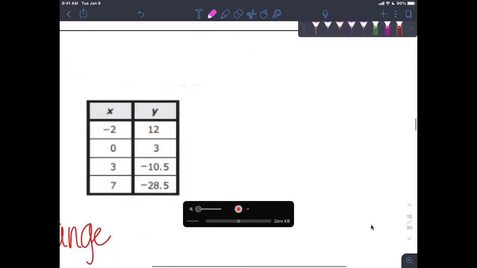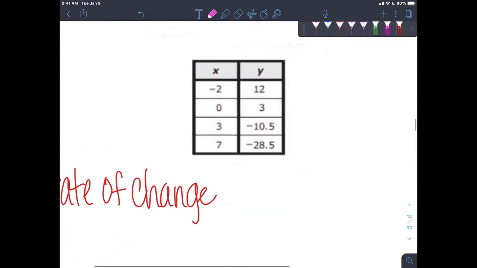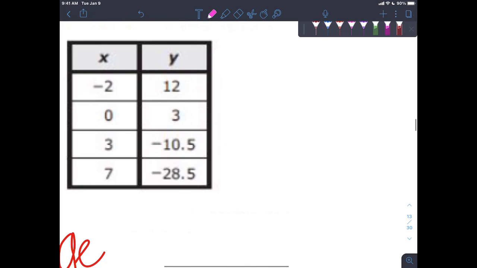All right, next one. Again, they want to find the rate of change. So whenever they say that, my first thought is, oh, they're asking me about slope. So I'm going to go ahead and set up my formula here. I'm going to write in my negatives to make sure that I have them. And I'm going to take a look at my values and decide which ones I want. I see these guys down here have decimals. I don't want to deal with all that.